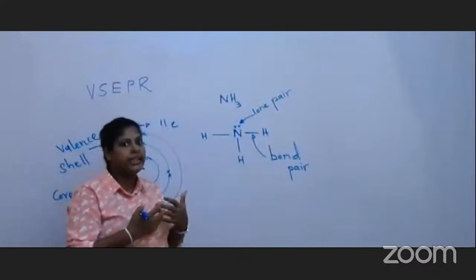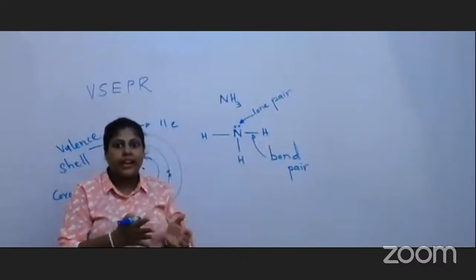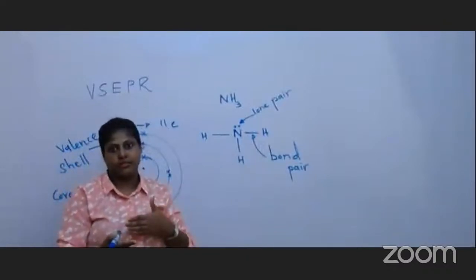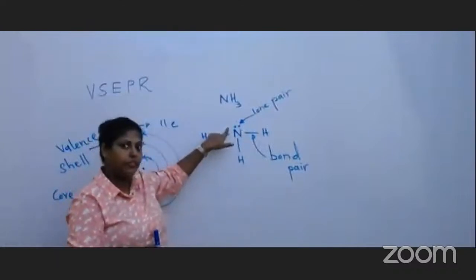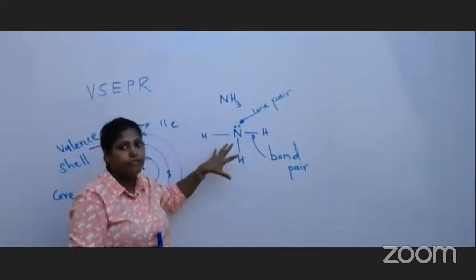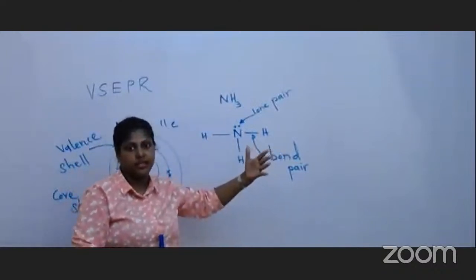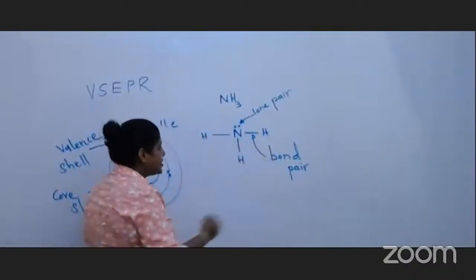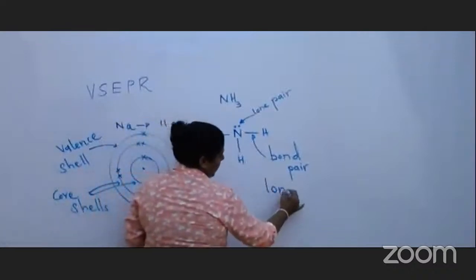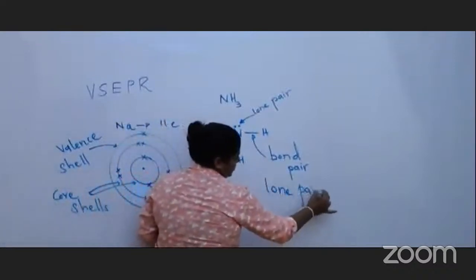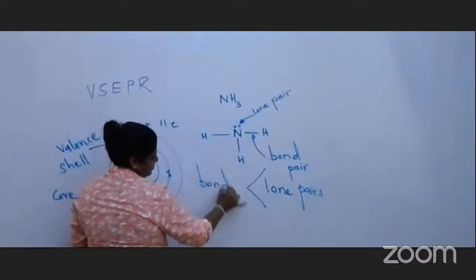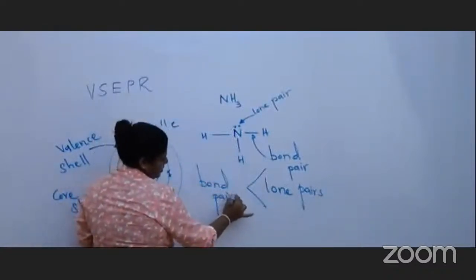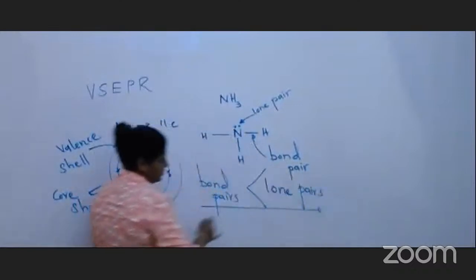The electrons in the bonds cannot move freely compared with lone pairs. Therefore, repulsion is highest on lone pairs compared to bond pairs. Repulsion is greater.